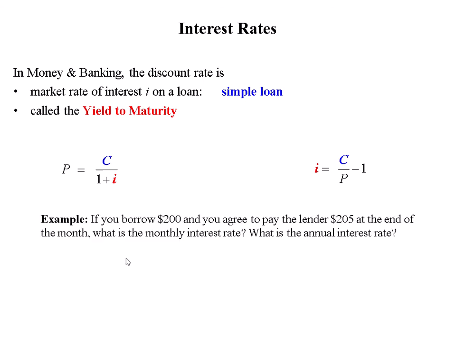If you borrow $200 and you agree to pay the lender $205 at the end of the month, what is the monthly interest rate? What is the annual interest rate? So if you borrow $200 today, and at the end of the month you have to pay that person back $205, then your monthly interest rate is 2.5%. Annually, that would be 30%.